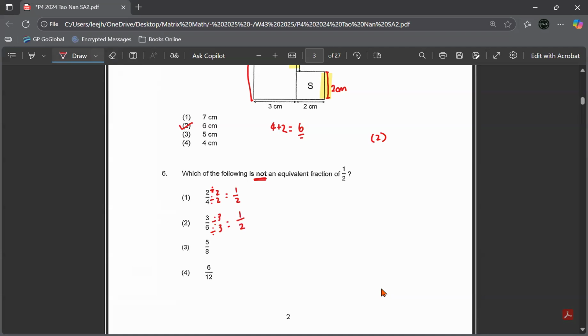This is half as well. 5 over 8 is simplified, so cannot simplify further. 6 over 12, we can still further simplify. Divide by 6. This is half. So your answer is number 3. Not an equivalent fraction. The rest are equivalent.